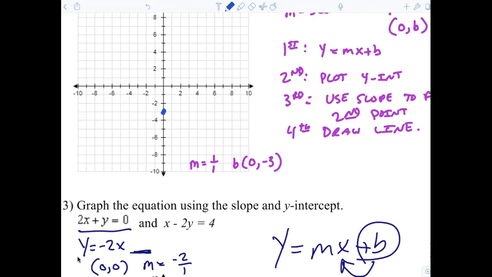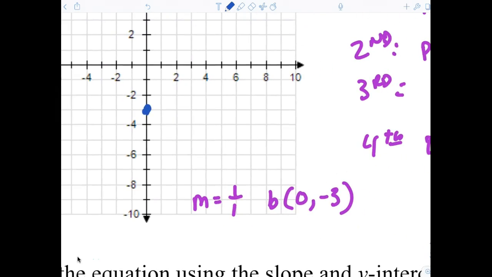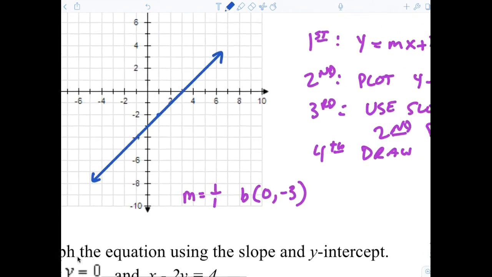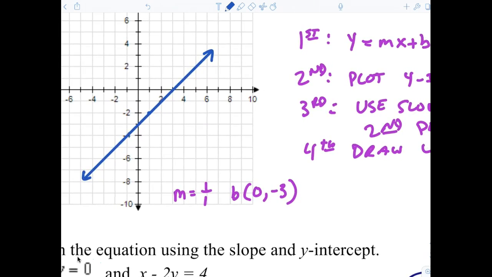So I go from there, what? Up 1, over 1. Is everybody happy with that? And then guess what I can do from there? Draw a line. Very nice. That's all there is to it, guys. Simple. So again, you have to put it in y equals mx plus b. Then tell me what the slope and the y-intercept are. Plot the y-intercept, and use the slope to find the second point.